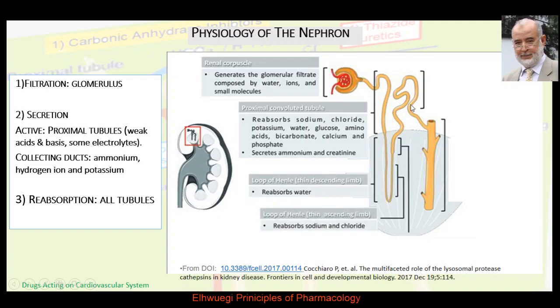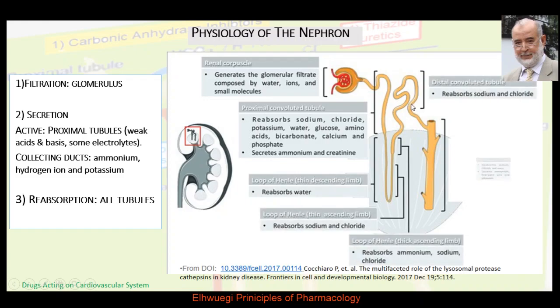So we have to know the main parts of the nephron, the classification, and the main function of each part of the tubule, okay? So this is a very quick revision of the physiology of the nephron.